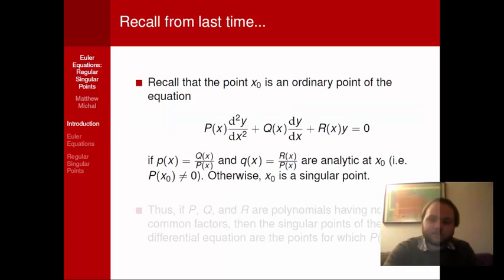Remember, number one, that an ordinary point is when you plug it into this differential equation and that big P of x does not equal 0. Any point where I plug into big P of x and it equals 0, we call that point a singular point.